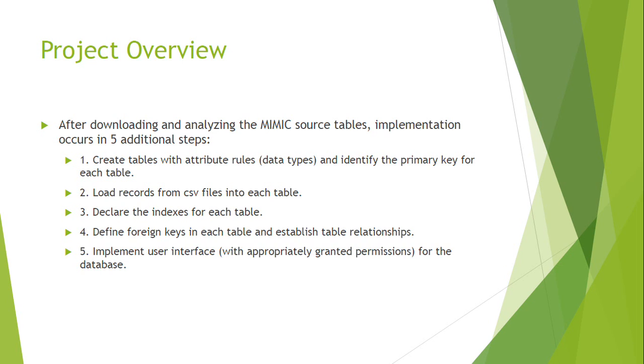Then the second part of the process is to load the comma separated values file for each of the tables. That's 26 different files that were loaded into the database. After that was loaded, I declared the indexes for each table. I initially tried to declare the indexes first, but that became a very time-consuming process to load the data after the indexes were declared.